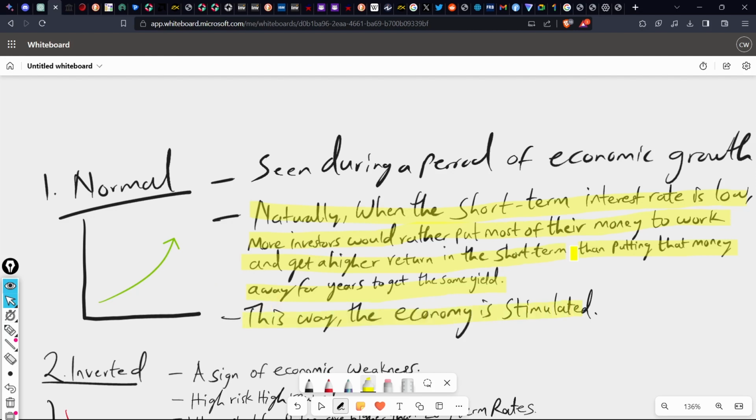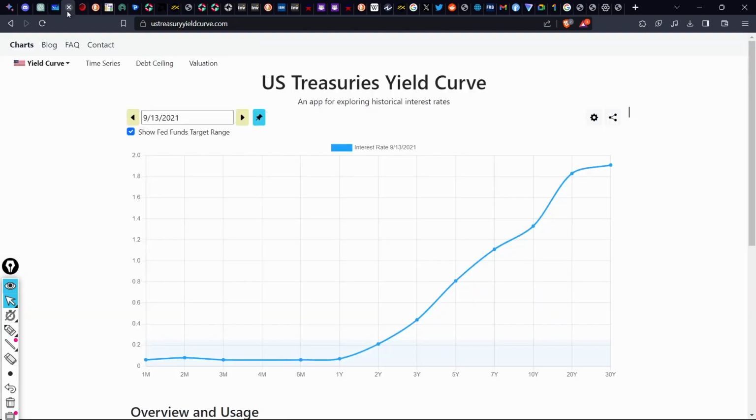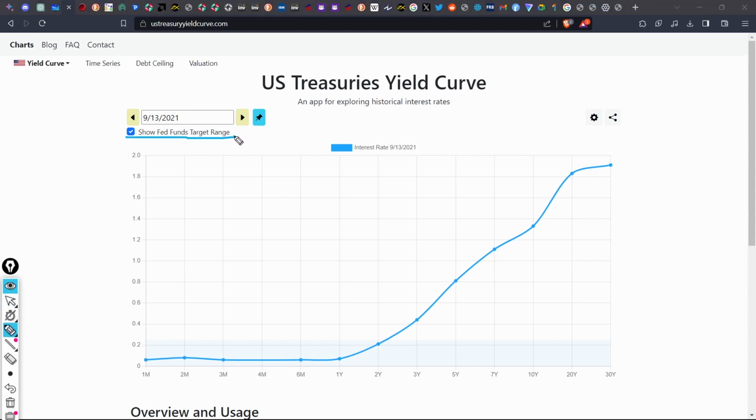So the Federal Reserve, when they're talking about the target range of the interest rates, they're usually talking about these short-term ones. So let's go back to that tab. As you can see here, we tick this box to show the Fed funds target range.